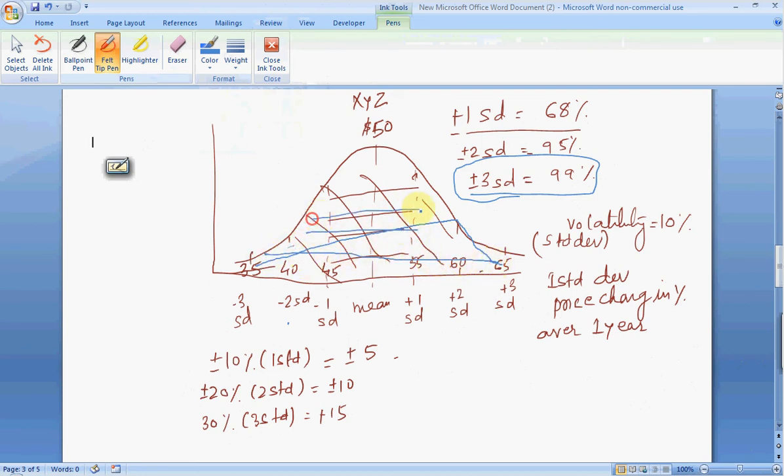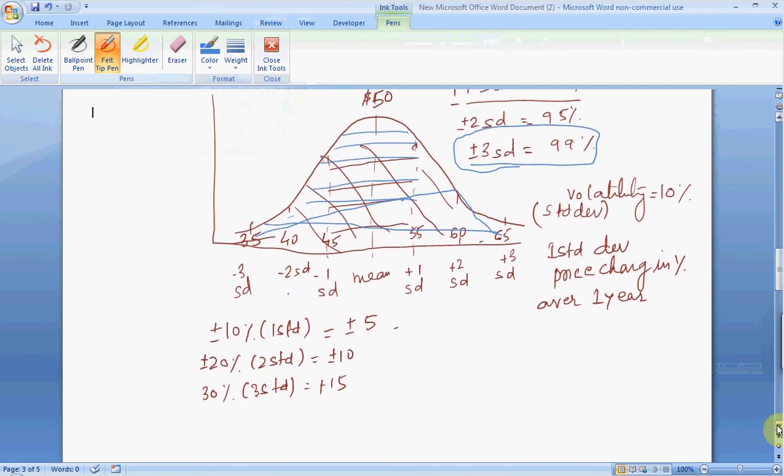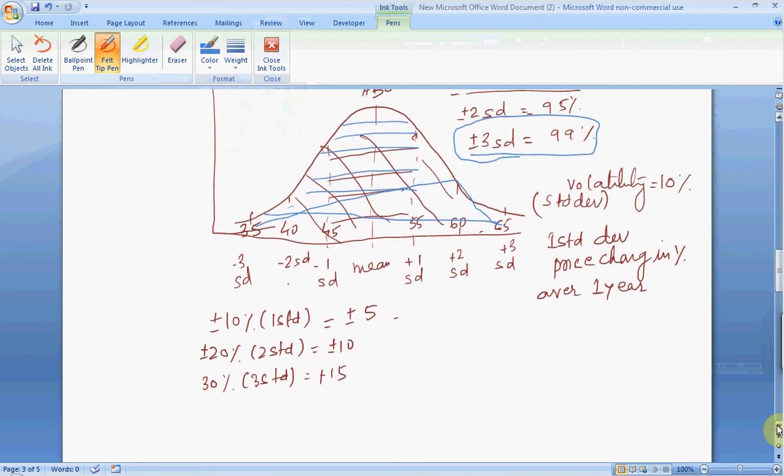So this is what it means. This is the probability distribution, this is how we apply the theoretical pricing model to the normal distribution curve. Again, the important thing to remember is that volatility is 1 standard deviation price change over a 1 year period.